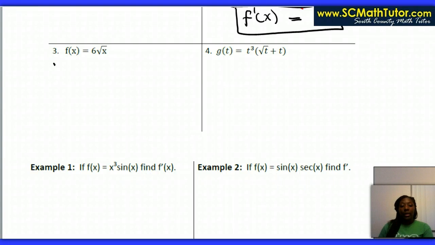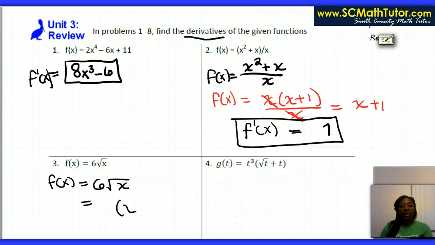Okay, so number 3. Whenever you see a radical, make it a fractional exponent. Okay, so this is the square root of x. The square root of x is saying x to the 1/2. I don't know why I put a parentheses on that. Okay, square root of x is x to the 1/2.